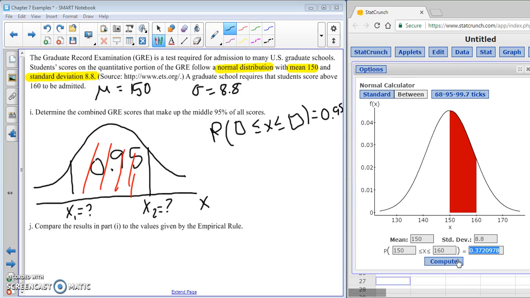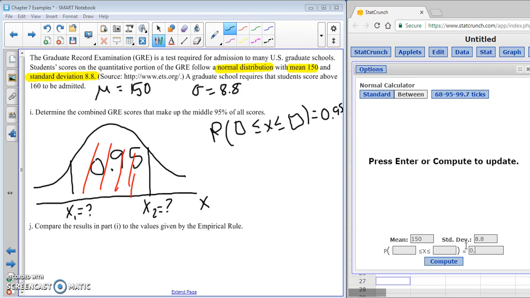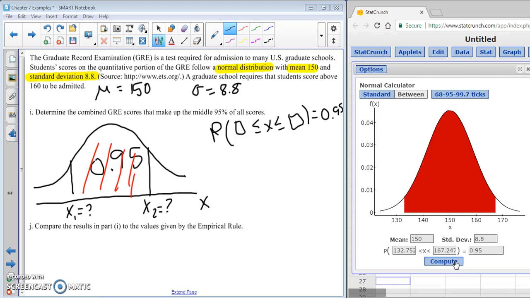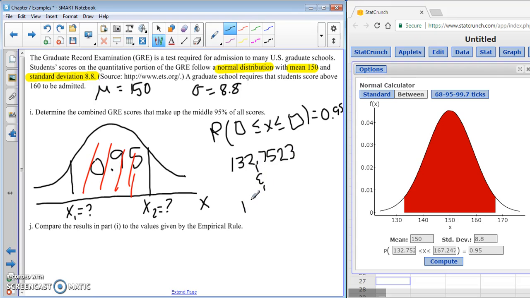So we're going to put in 0.95 here to find those values, and we get 132.7523 and 167.2477. So those are our two values.